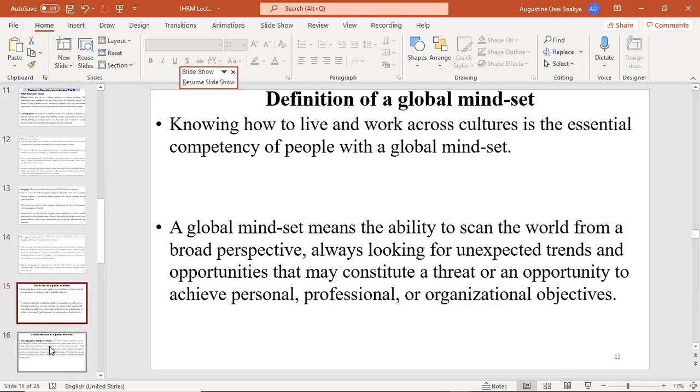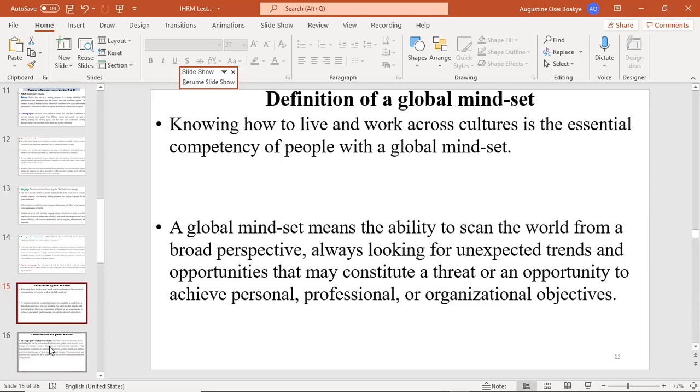And to be successful in that, such leaders must possess what we call a global mindset. So we are going to go through what global mindset means and why it is important in cross-border training and development programs.